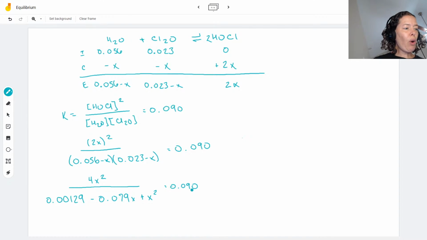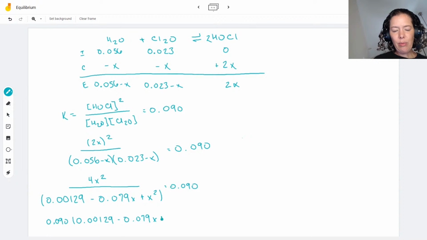So I'm going to take this quantity and multiply it to bring it over to the right-hand side, although I think I'll just rewrite it like this. Oops, forgot that 0. Here is my denominator that I moved over, plus x squared, and now that equals 4x squared.